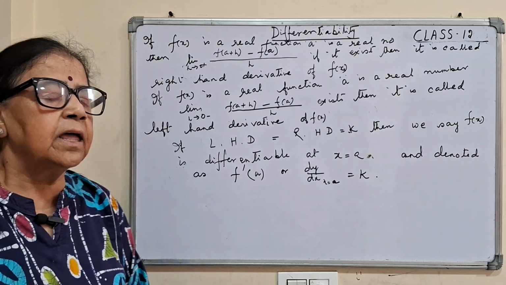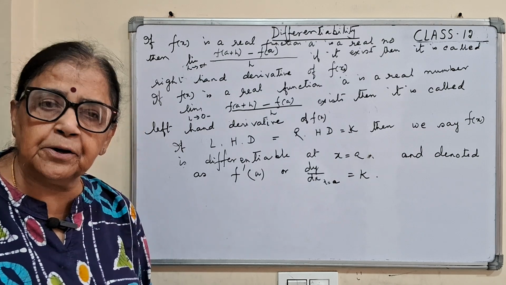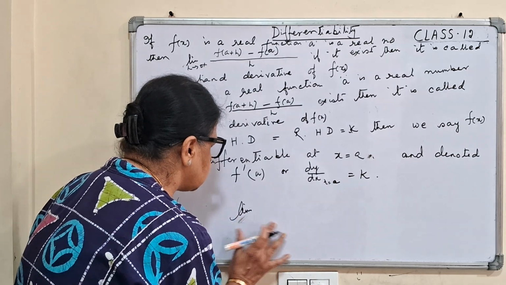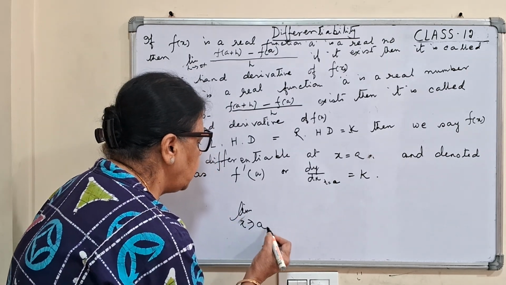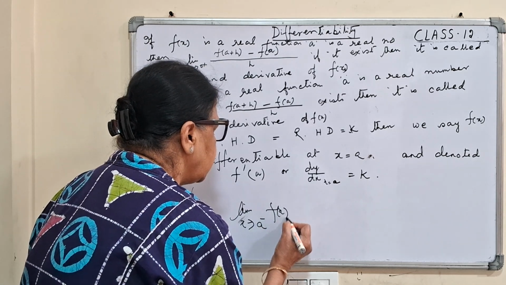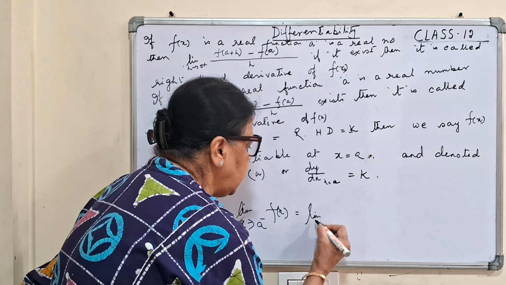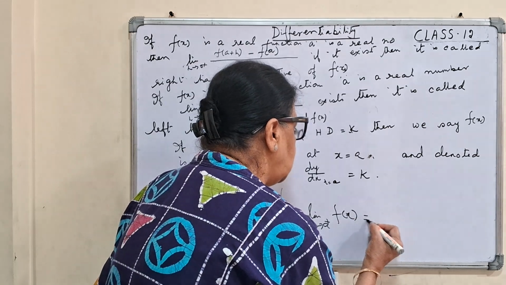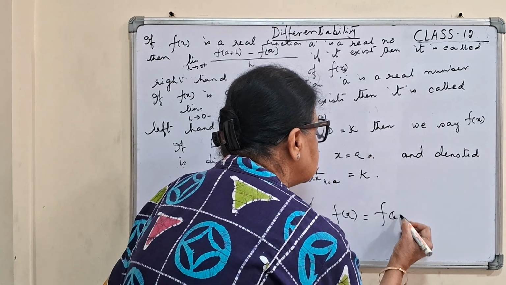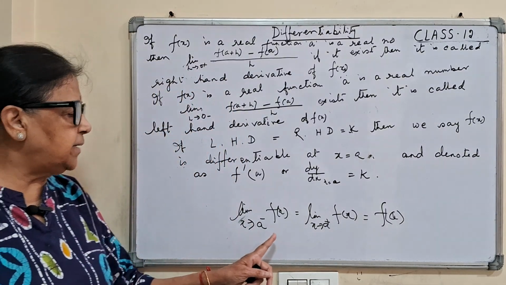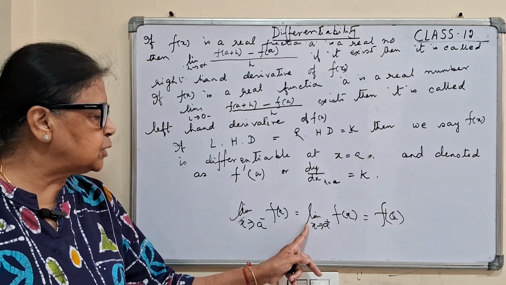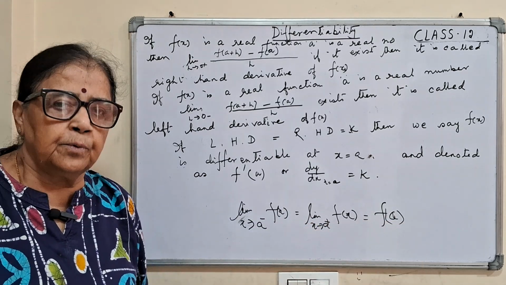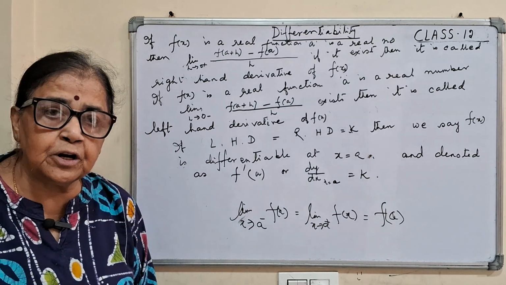You remember that the left hand limit, limit x tends to a minus of f(x), is equal to the right hand limit, limit x tends to a plus of f(x), is equal to the functional value, then the limit exists. Limit is that. Now we will be doing differentiability.